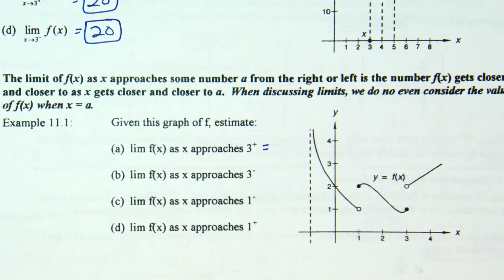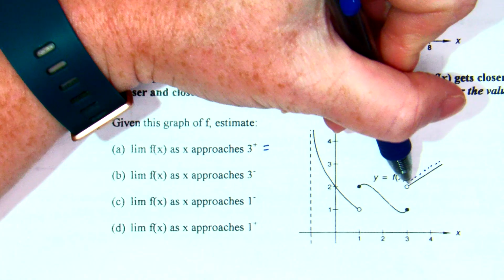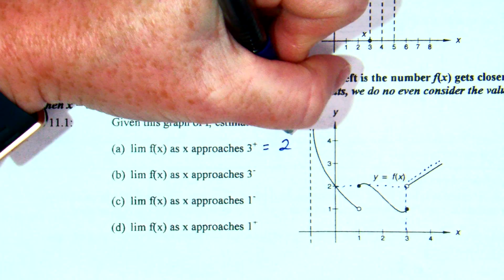So here's my x equals 3. So which part is coming in from the right? And that's going to be that part right there, yes? And so then what you want to figure out is when x equals 3, what is the corresponding y value? And that is 2. Good? What about as x approaches 3 from the negative, from the left?